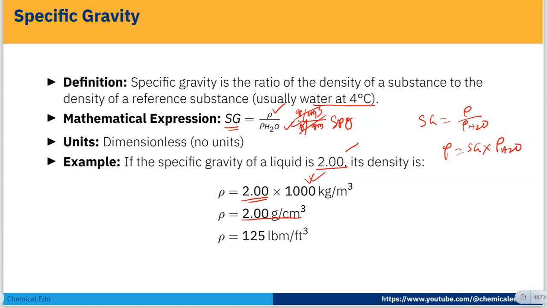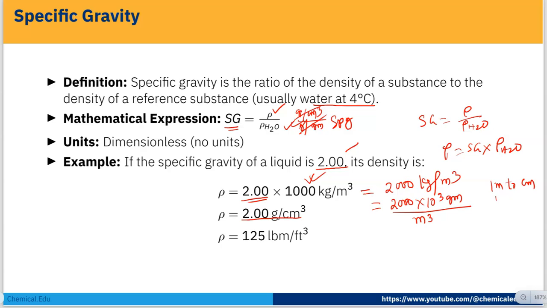Is it correct? Yes, and if you convert, that will be 2000 kg per meter cube. Now what does 2000 kg mean? That is 2000 into 10 to the power 3 gram. Now what will be the meter cube? We have to convert 1 meter to centimeter.